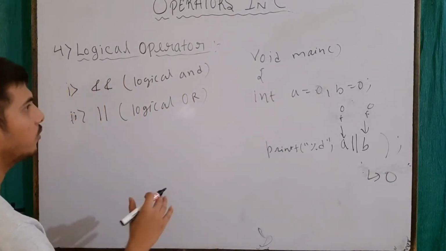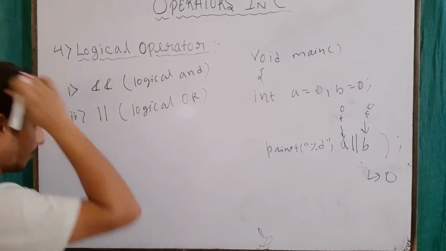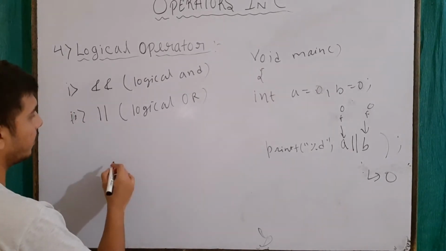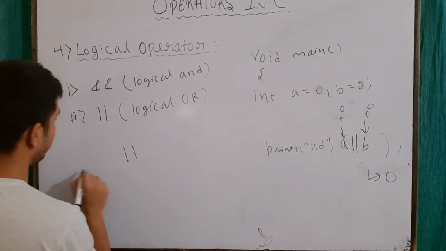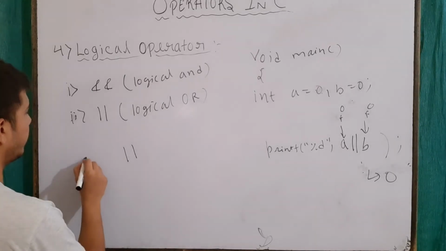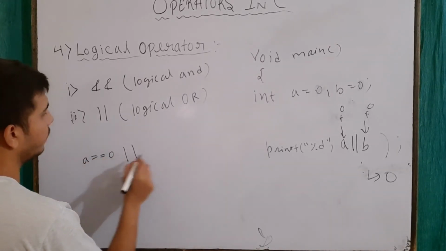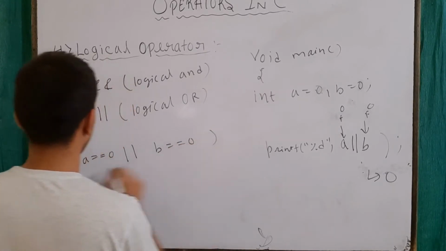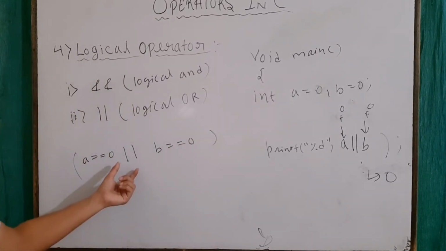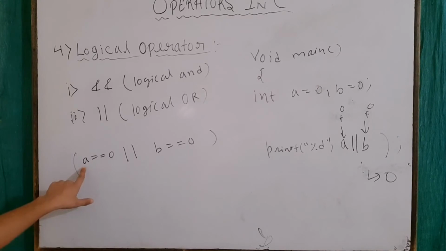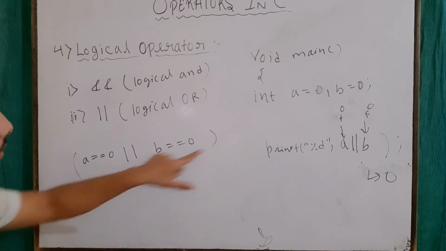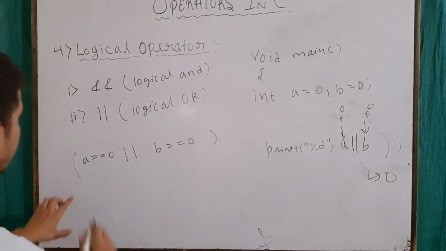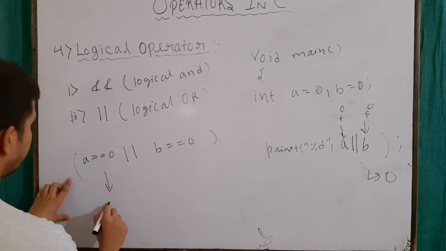Let's go through it expression-wise. Let's say this is OR, and I am writing here A is equal to 0, and here B is equal to 0, and I have used logical OR. Now if I ask you, is A double equal 0? Is the value of A 0? Yes, it is. So it will give us 1.